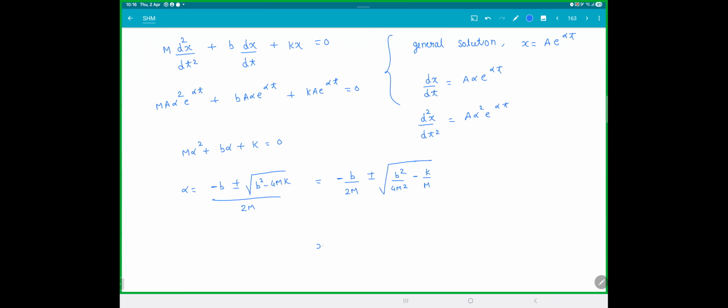And you remember your solution, x is equal to a into e power alpha t. We got two values of alpha, so what people do is they write e power alpha 1 t plus e power alpha 2 t. They take both the roots, alpha 1 and alpha 2, and write it down. That is the general solution. So alpha 1, alpha 2 are the two roots.